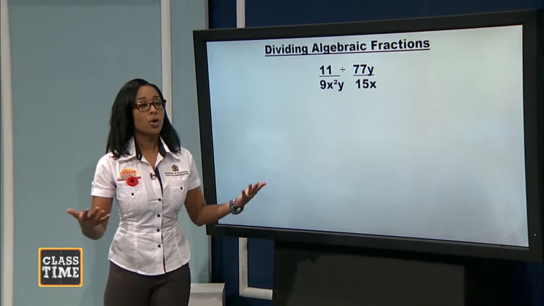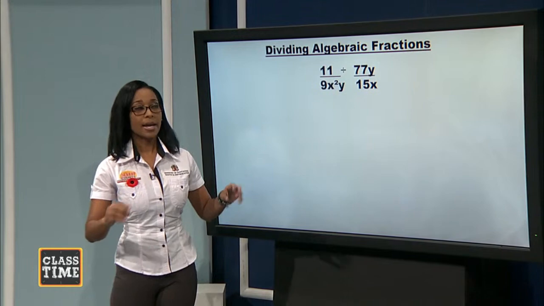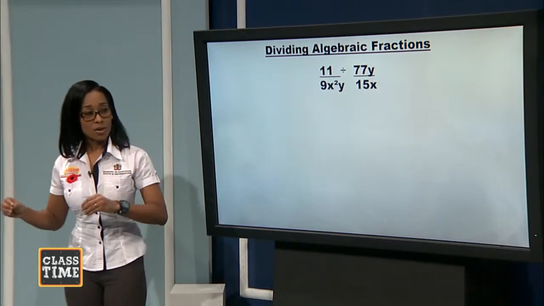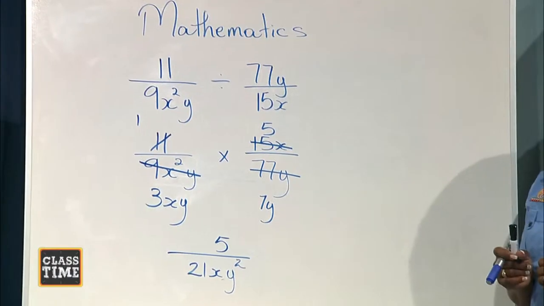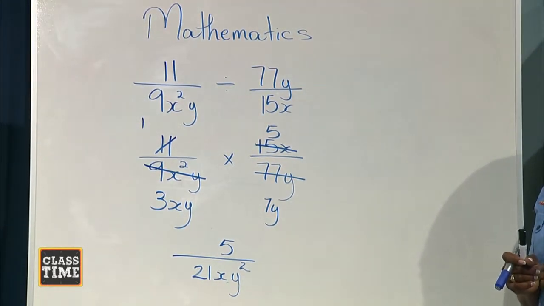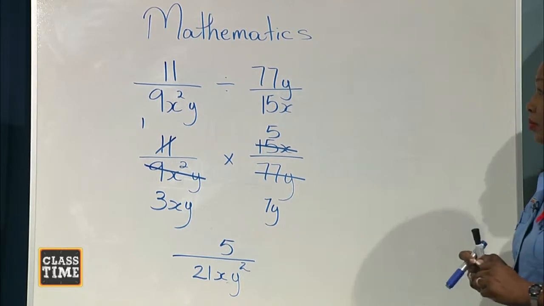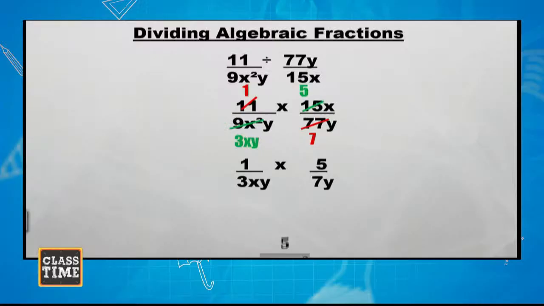After simplifying, she went ahead to multiply the denominators and multiply the numerators, which is how she has 5 all divided by 21xy squared. Yes, so it's 5 all divided by 21xy squared.